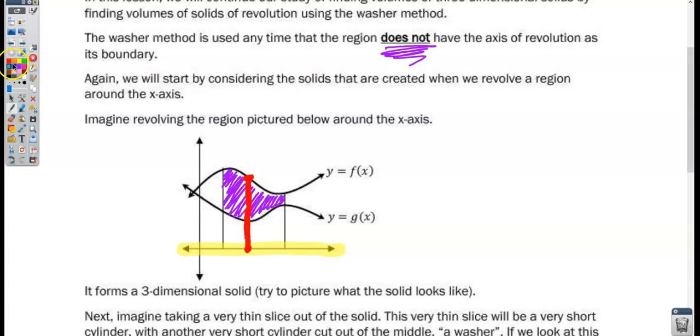But because of this inner radius, it also forms a disk-shaped hole inside of that disk-shaped solid. So in essence, this washer-based solid is a disk-based solid with a smaller disk-based solid hollowed out of the middle.